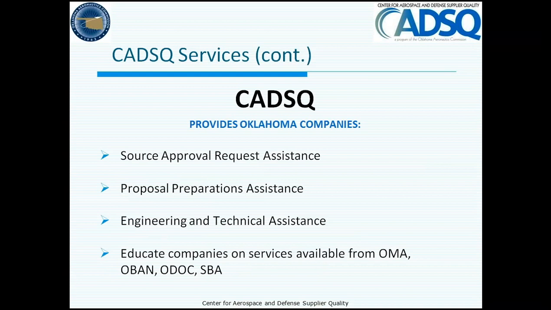Source approval requests, or SARs, are something we can also help you with. Proposal preparations, and then understanding engineering and technical documents as well. And sometimes the best thing we can do for companies is make you aware of the services that are available from other agencies such as the Oklahoma Manufacturing Alliance or the Oklahoma Bid Assistance Network, as well as the Department of Commerce or the Small Business Administration.